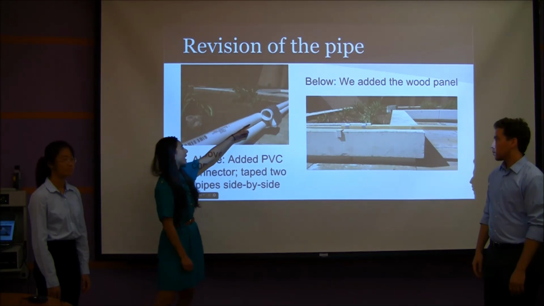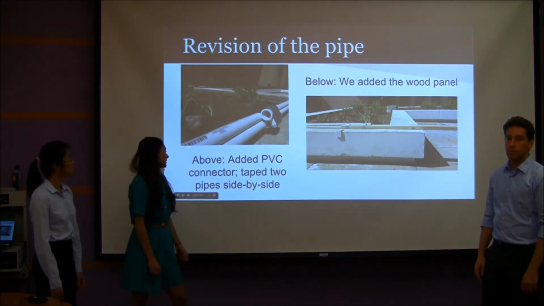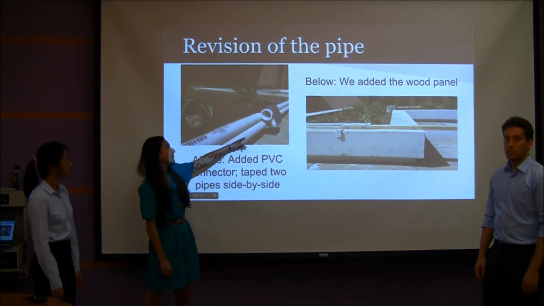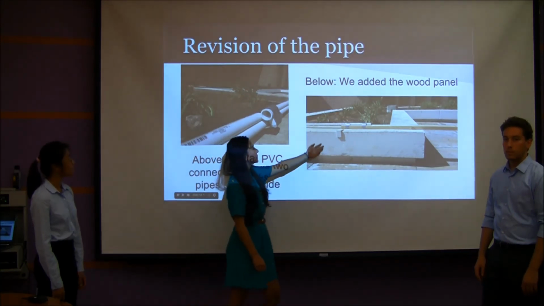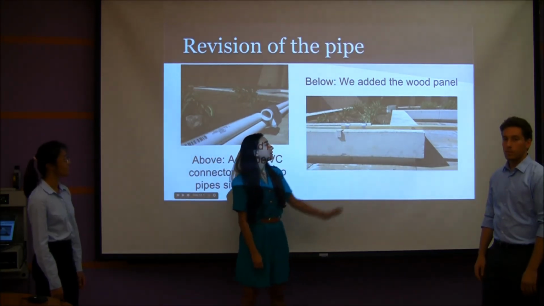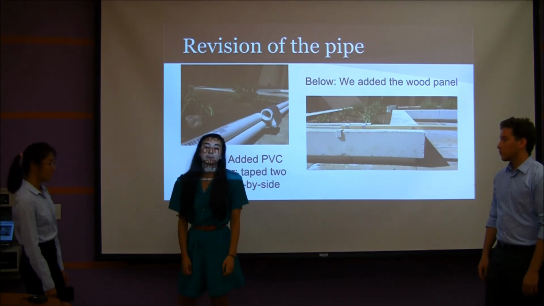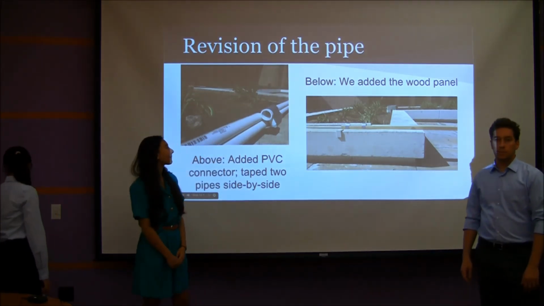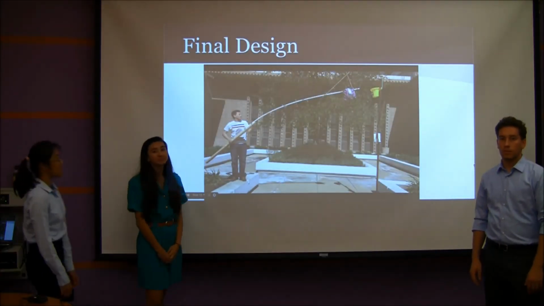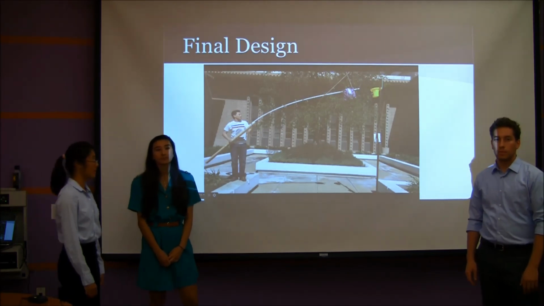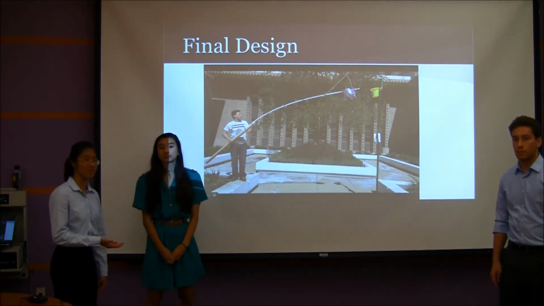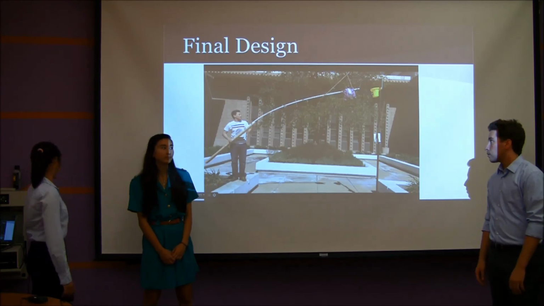Here you can see the added PVC connector taped to the 2 pipes side by side, and here we also added a wooden panel to the ends of the PVC pipes to ensure more stability. Here's a picture of our final design, and this is a video of our design in action.